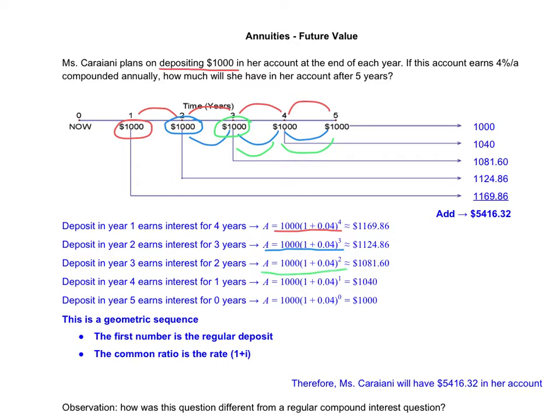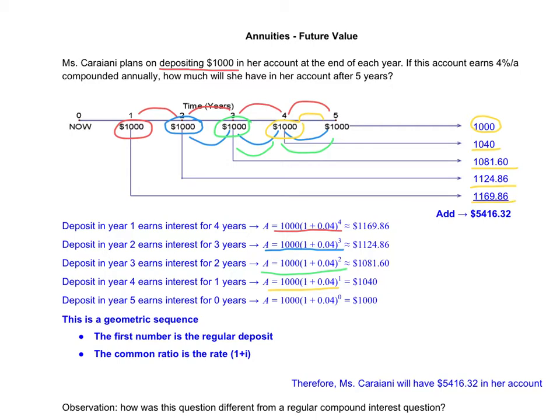So my exponent is different. In the fourth year, I just get interest added for 1 additional year. And finally, in the last year when I deposit money, it earns no interest. So at the end, the amount of money I have in my account is the $1,000 that I invested in the last year, the $1,040 from the fourth year, $1,081, 1,124, and the 1,169 from the very first investment.